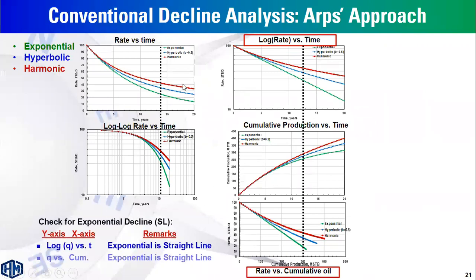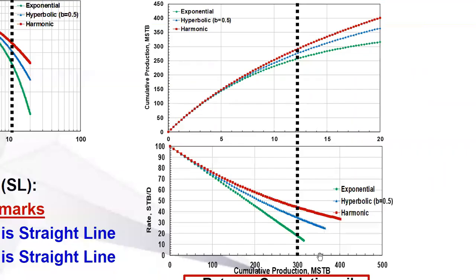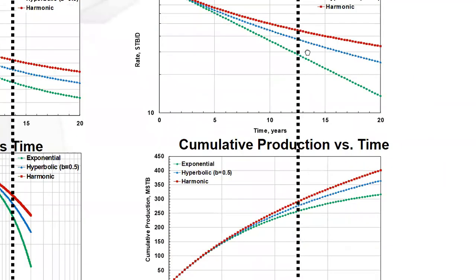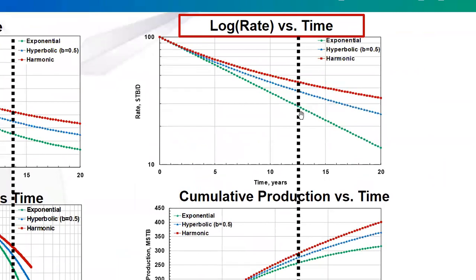That's why the exponential decline is one of the widely used techniques for decline analysis, because at a specific time, as you can see, for this time, the exponential decline will predict the lowest expected rate, or the worst condition for rate prediction.